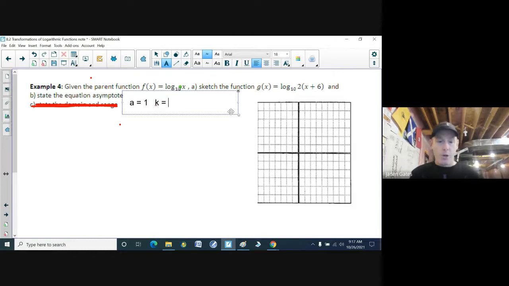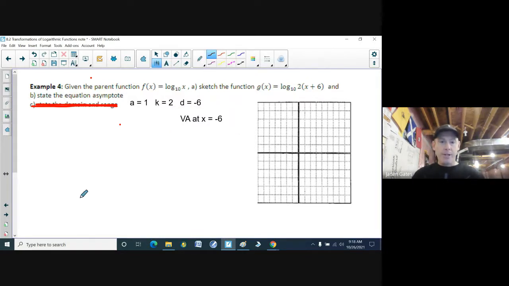It is 2. My D value looks like it's going to be -6. Just coming off our last example, if this graph is shifted left 6, that means there's going to be a VA at x equals -6. That's just so we can get that out of the way.